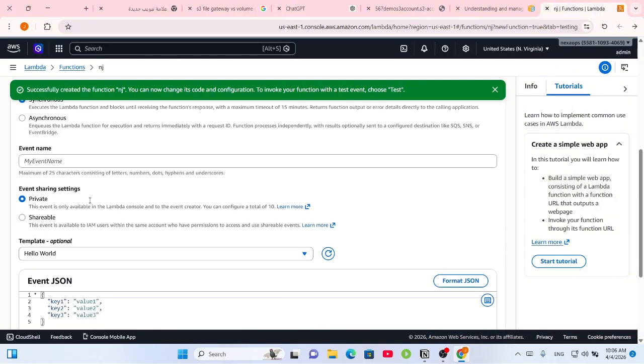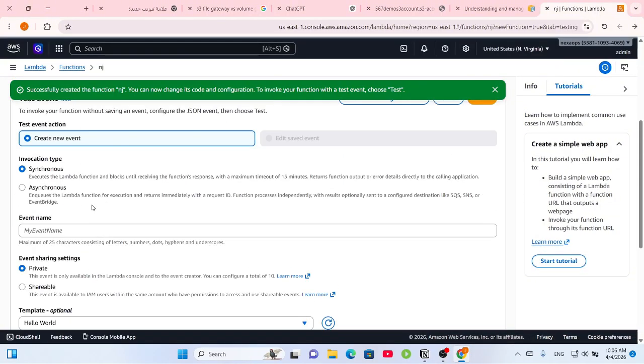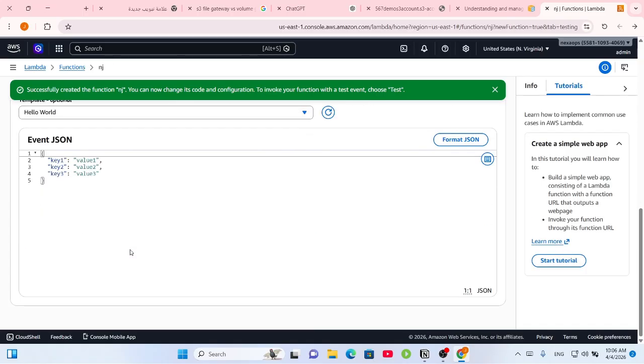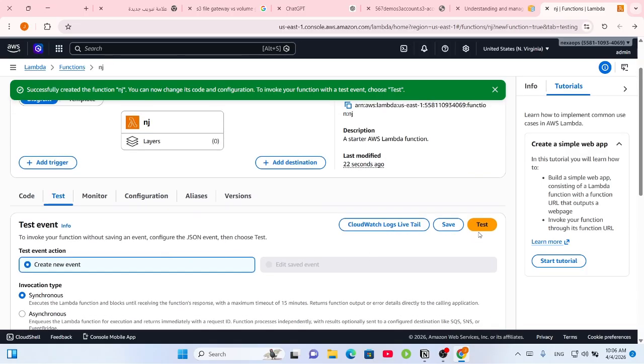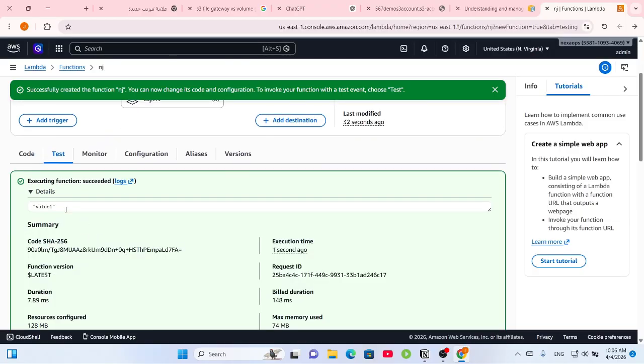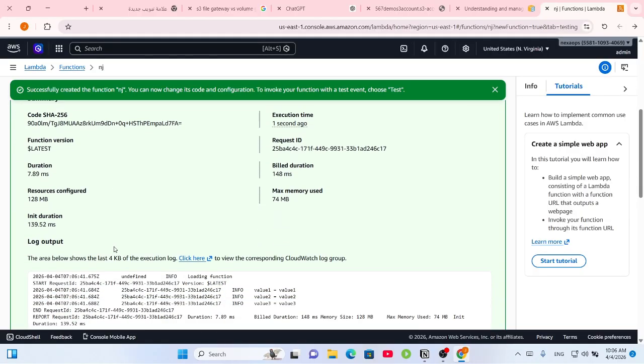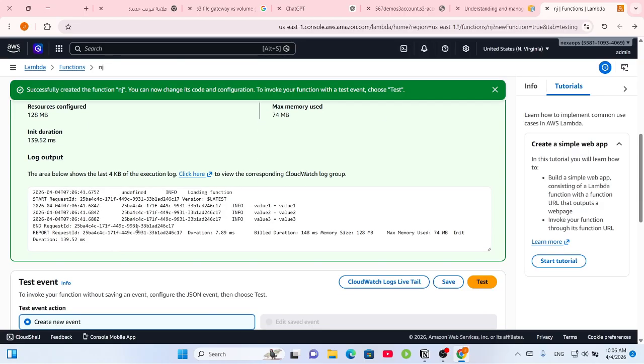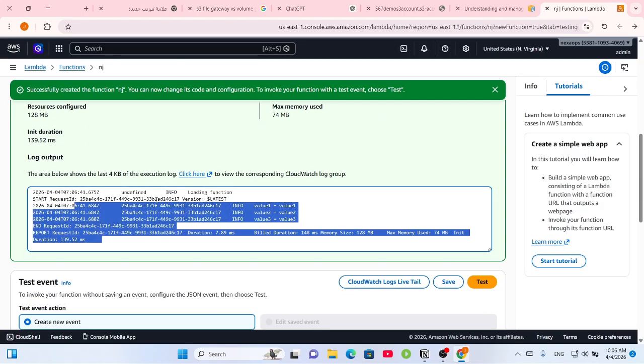Like you can test something here, test it, see what it says. Value 1 is, that's it.